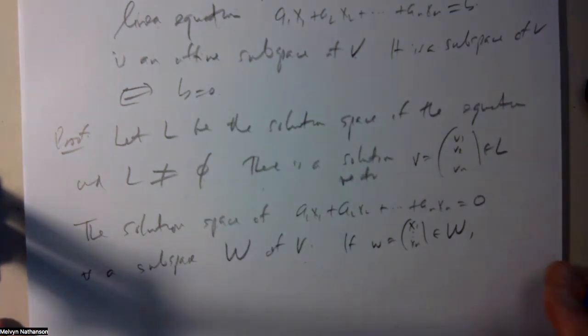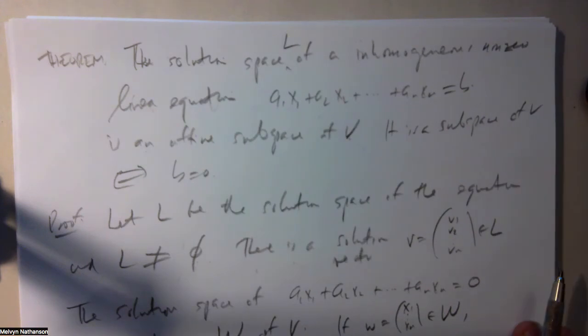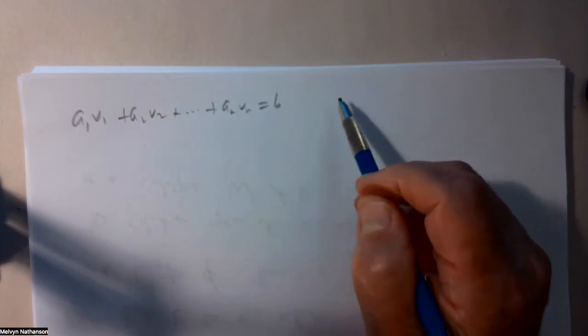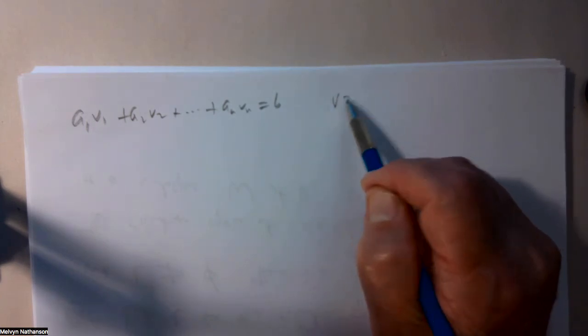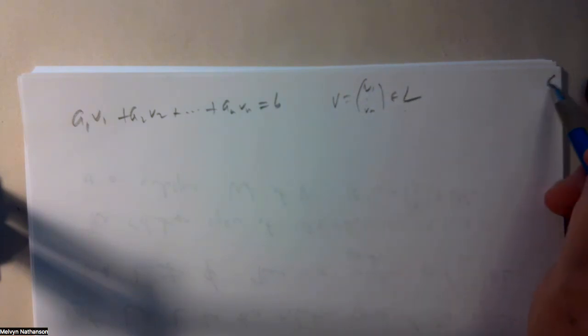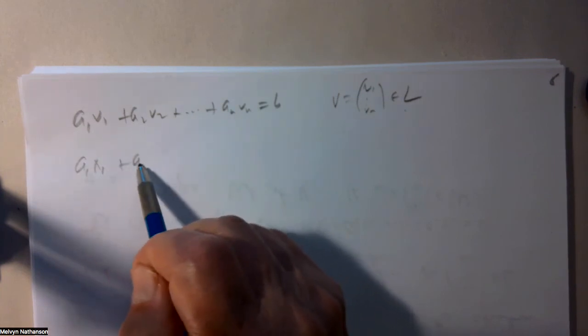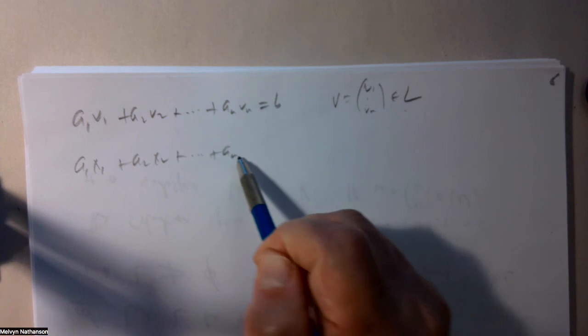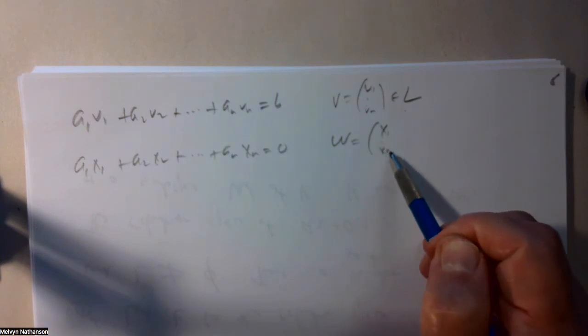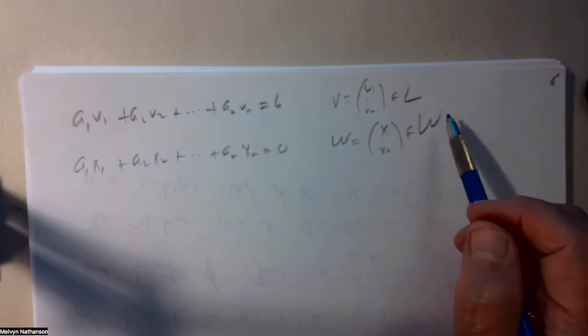Well, we have a1v1 plus a2v2 up to anvn equals b, because v, which is the vector v1 down to vn, is a solution of the inhomogeneous equation. And we have a1x1 plus a2x2 plus anxn equals 0, because w with coordinates x1 down to xn is a solution of the homogeneous equation.